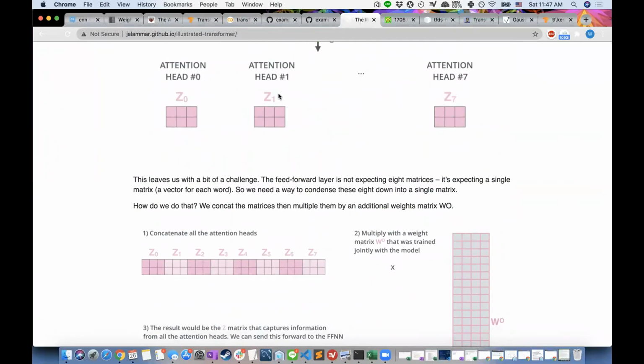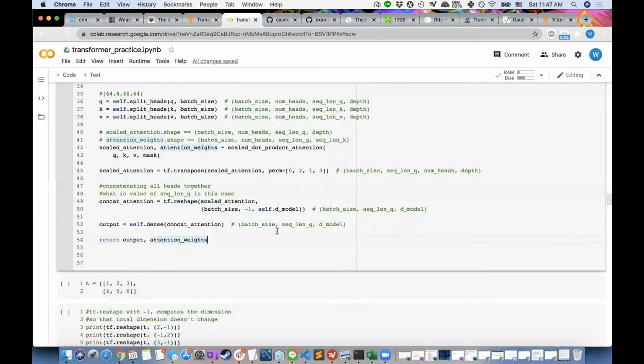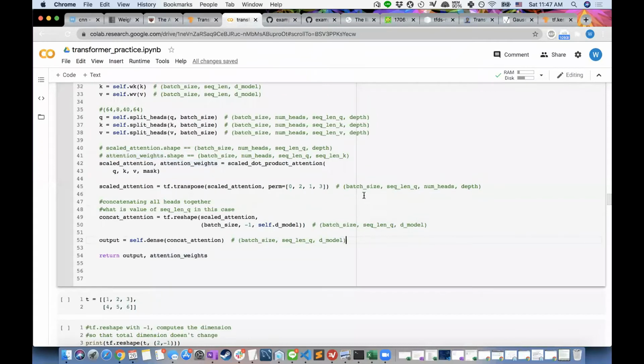Concatenating them together. So you're back to 3 dimensions instead of 4 dimensions, right? So after concatenating, you have your batch size 64, sequence length Q, D model 512. And we'll have to see what the value is for the sequence length Q here.